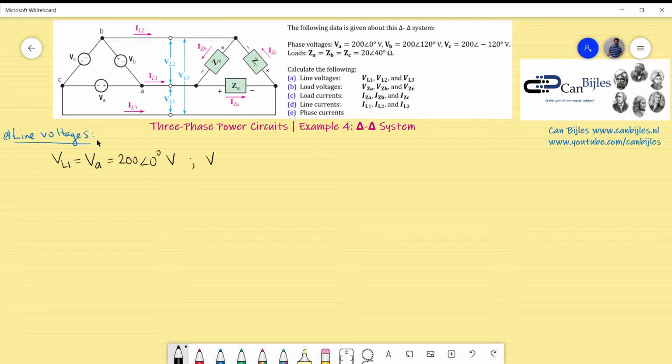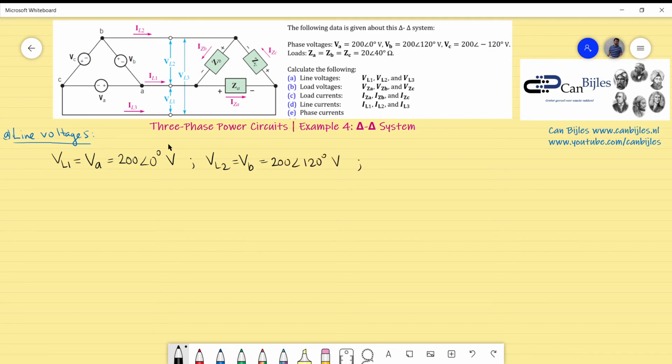Now let's move on to VL2, which is this one, from point B to point A, again in the clockwise direction, which is exactly the same as VB. So VB is equal to 200 volts with a phase of 120 degrees.